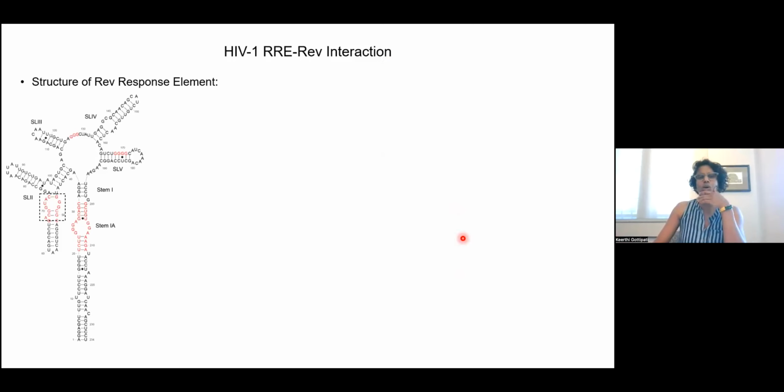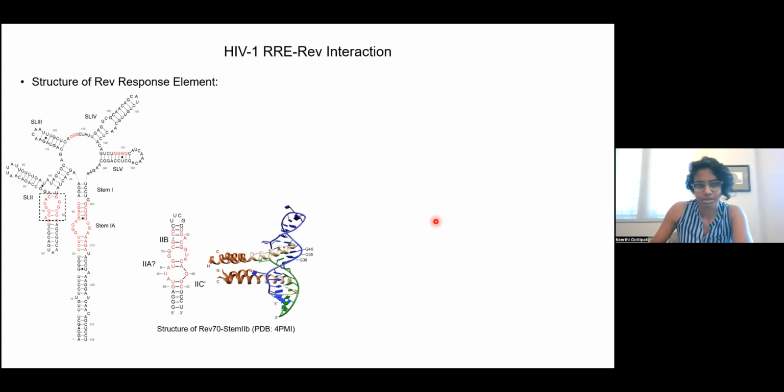So what do we know, at least structurally, about the HIV RRE and Rev interaction? So far, we do not know the full-length structure of the Rev response element. We have some information about the high affinity binding site.